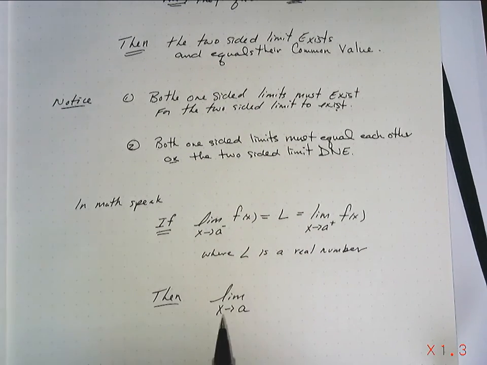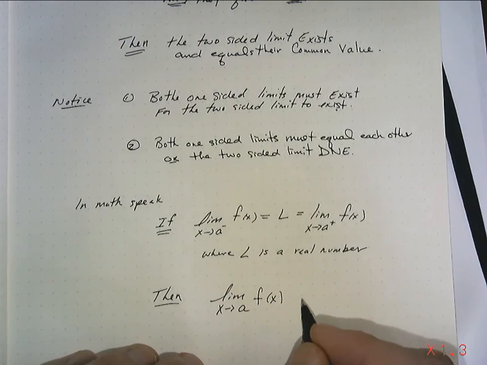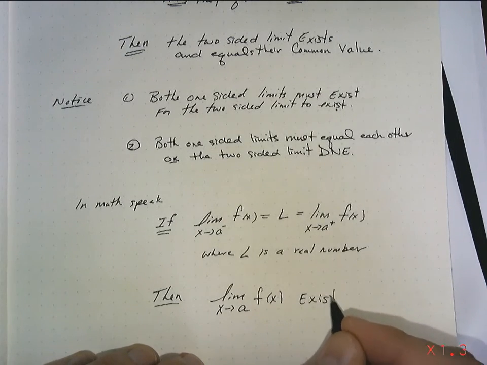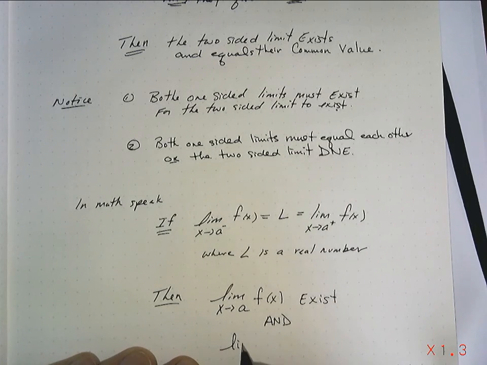When there's not a plus or negative, it means I'm approaching a from both directions, of f of x exists, and the limit as x approaches a of f of x equals L.